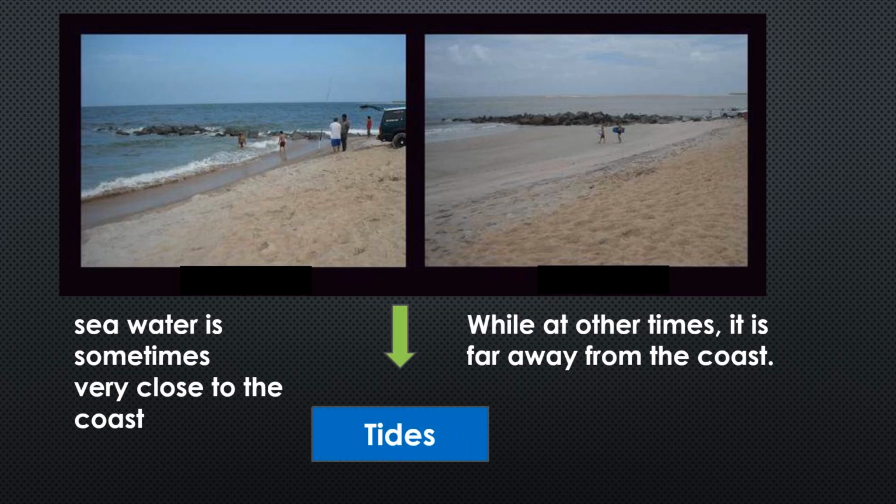Now, almost all the coasts on the earth experience tides. When the sea water is much near the coast, it is said to be a high tide. And when the sea water is away from the coast, it is said to be a low tide.